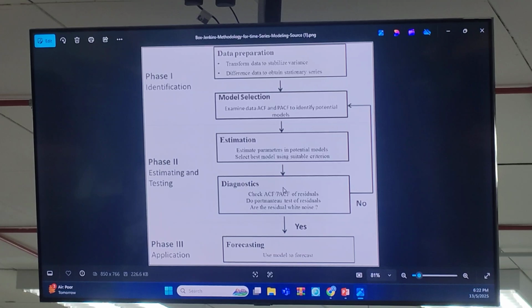Remember the meaning of invertible? Invertible means that the model has an equivalent autoregressive representation; a moving average representation has an equivalent representation, so that it is invertible. So you have to check whether it is invertible or not. If not invertible, then you should not use that model. And if there is an autoregressive component in the model, you have to check whether it is stationary or not.